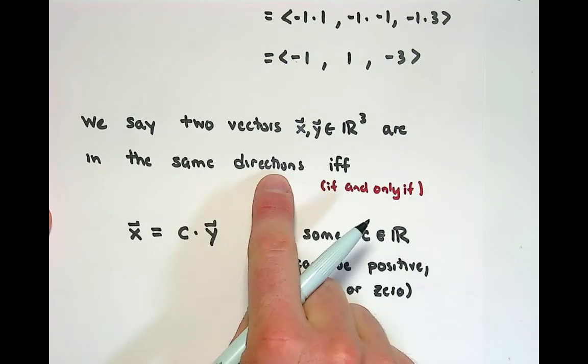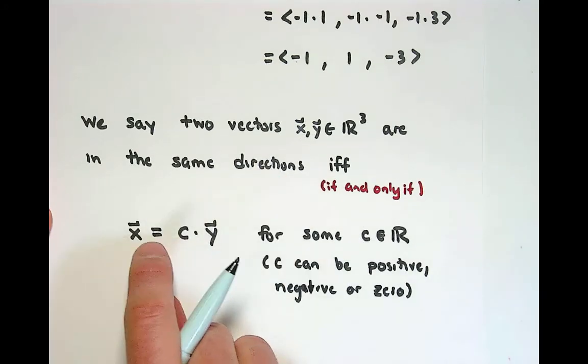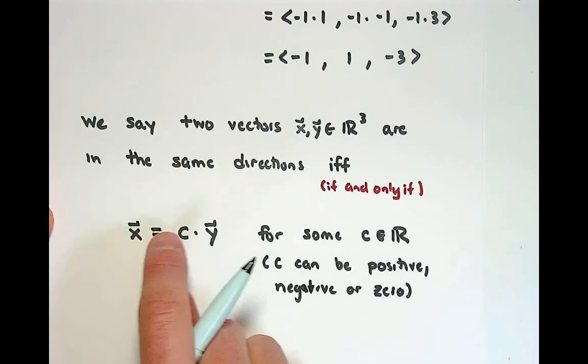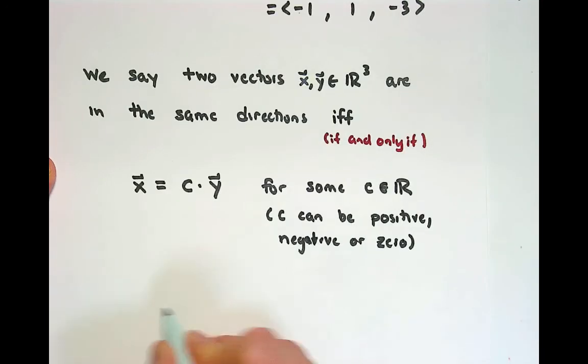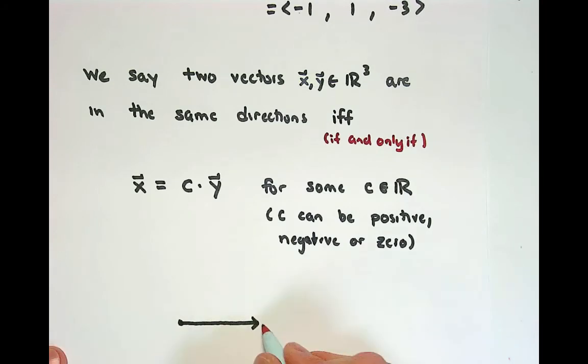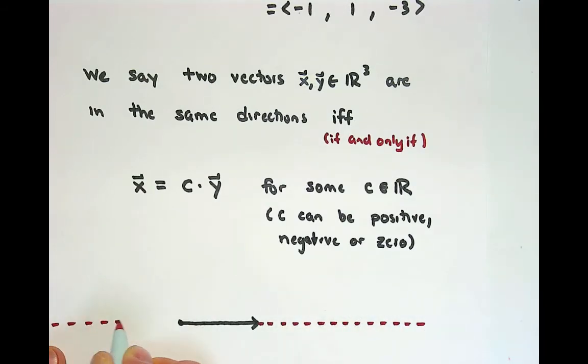So directions in R3 have to do with whether or not one vector can be written as a scalar multiple of another vector. And what I mean by this is if you have a vector x, this vector, if you look at the set of all scalar multiples, this is going to create a one-dimensional subspace of R3, which is going to be the entire line, right?